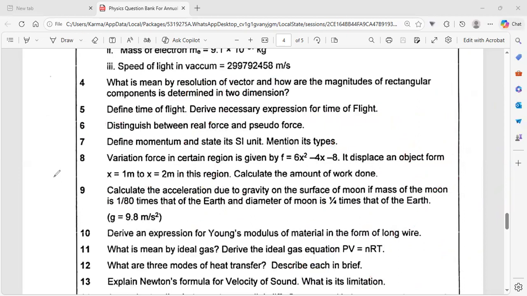Derive the expression for Young's modulus. Young's modulus is stress upon strain.